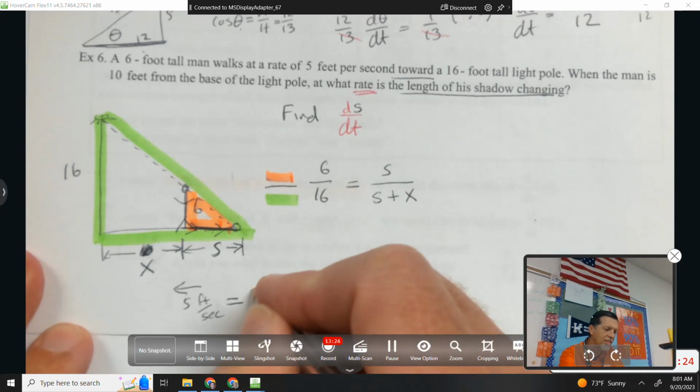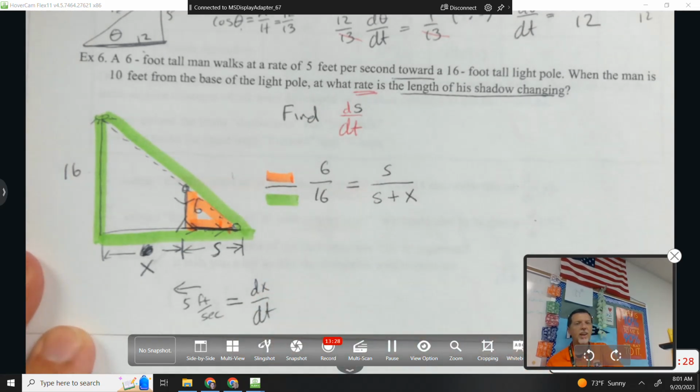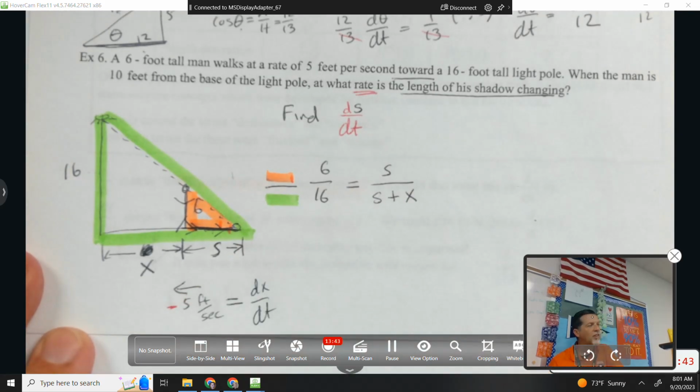X is, so that's dx dt. Is it positive or negative? Is x growing or shrinking? Shrinking, so that's a negative 5 feet per second.